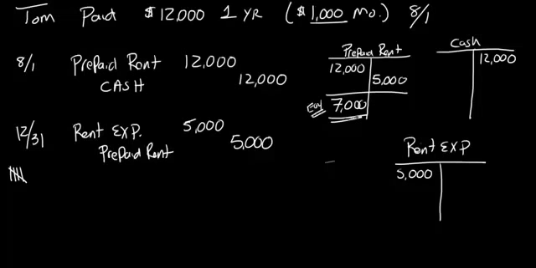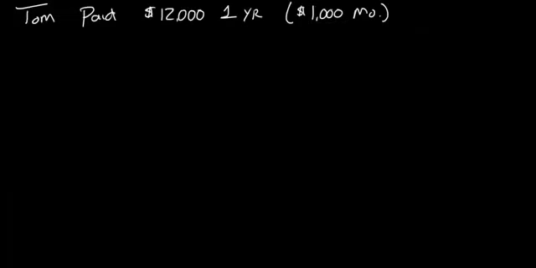All right, but let's assume it wasn't done correctly. Let's assume that instead on August 1st, what actually happened was that the cash was paid. He's paying cash. He paid cash of $12,000, but instead of debiting prepaid rent, he debited rent expense.